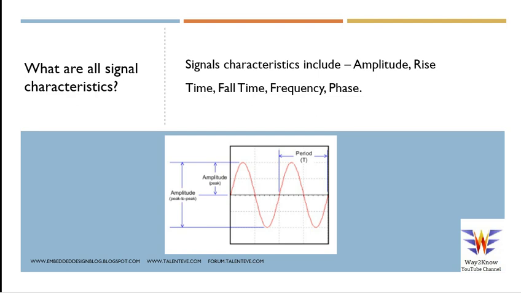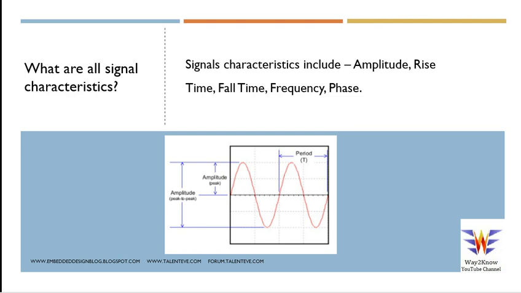Now when we are talking about signal characteristics, they could be amplitude, rise time, fall time, frequency, and phase. These are very high level characteristics. There could be problems that come out of derivatives of these characteristics.